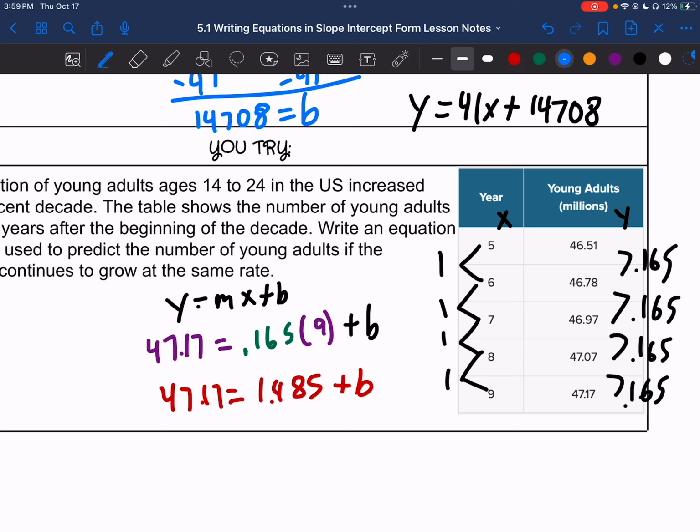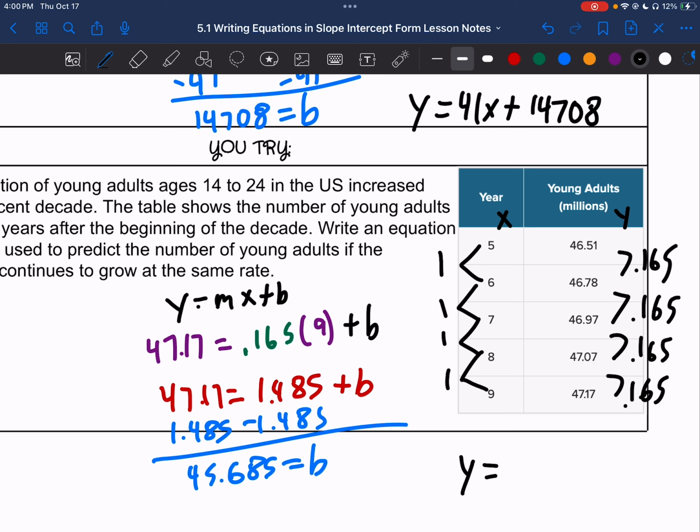And when we subtract 1.485 from both sides, we're going to get 45.685 is equal to b. And so my equation is y equals 0.165x plus 45.685.